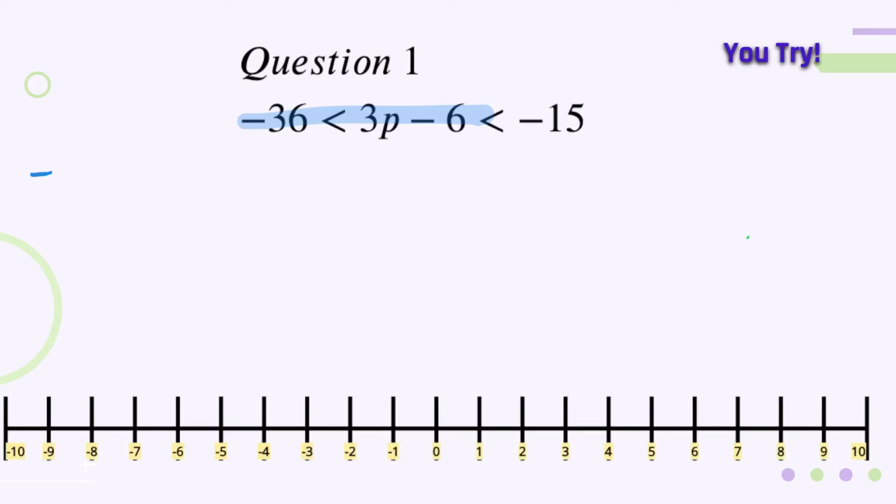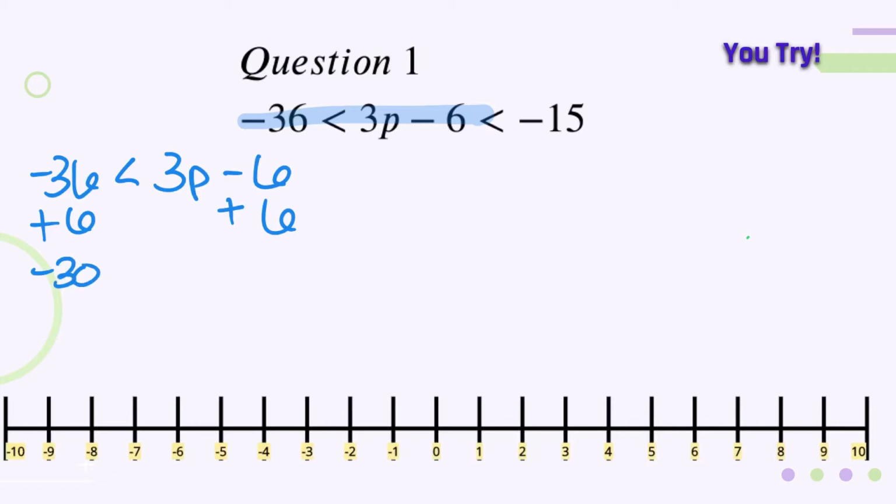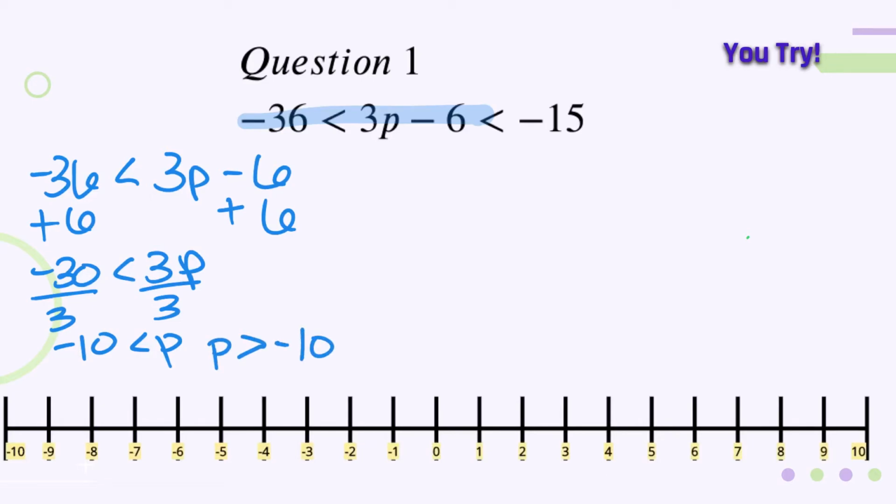We have -36 is less than 3p minus 6. Add 6, and I get -30 is less than 3p. Divide by 3, and I am left with -10 is less than p. But I have to flip it, so p is greater than -10.